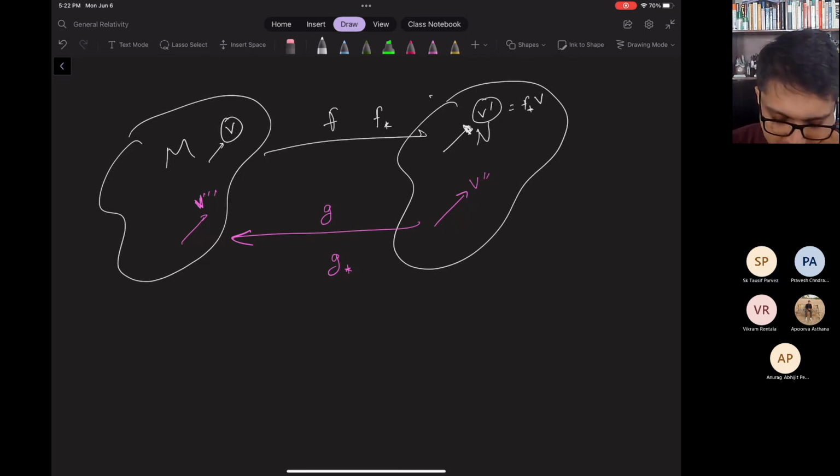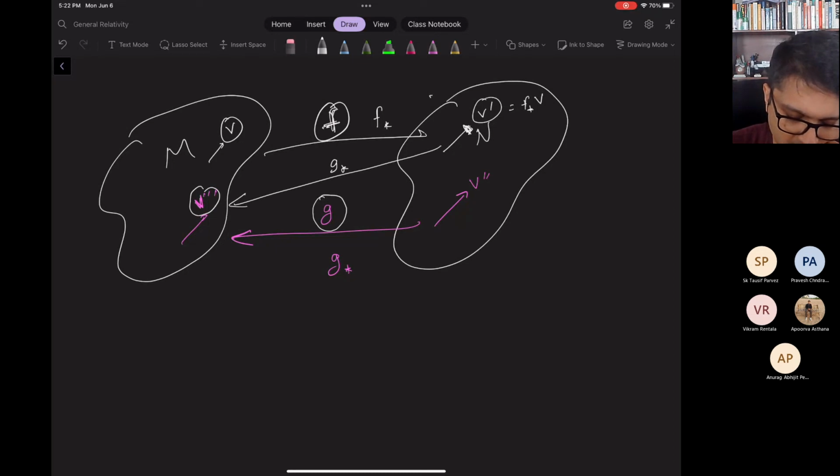Yeah, you need to specify the second mapping, right? Basically, if I only give you one mapping, then there's no unique way to get this. So basically what you want is, through G star, I want to get this, right? So G star acting should give another vector here.